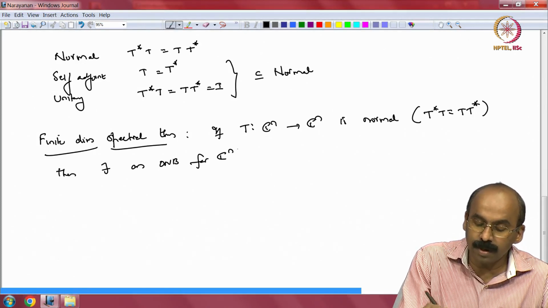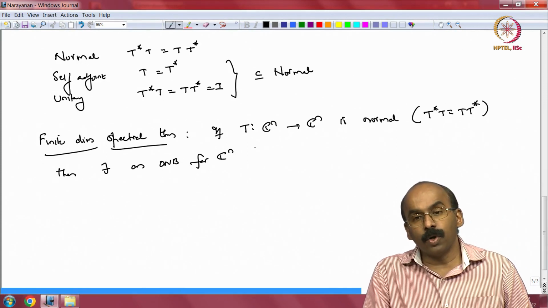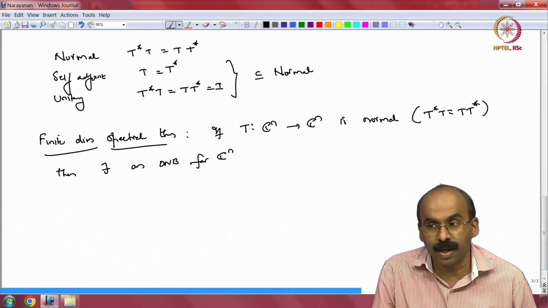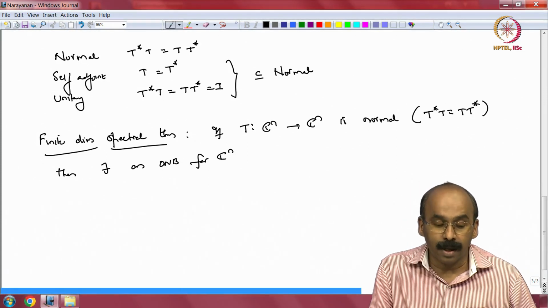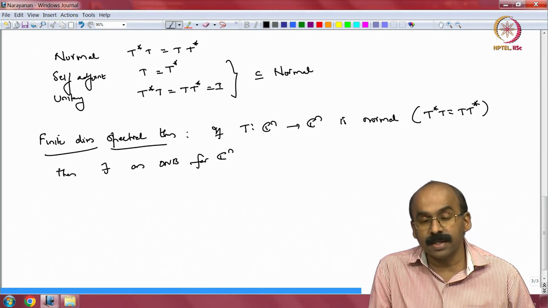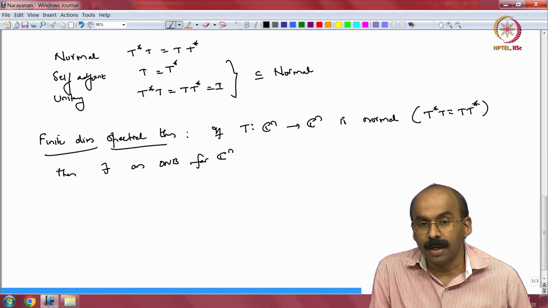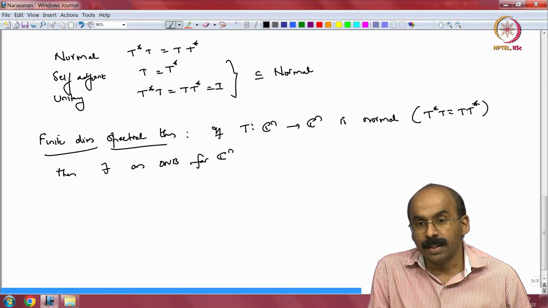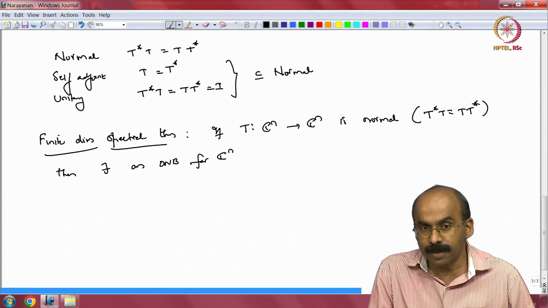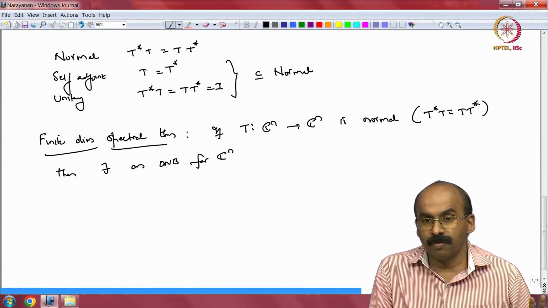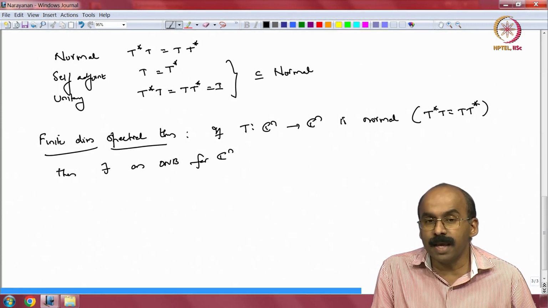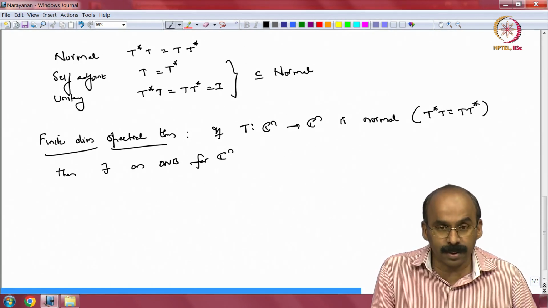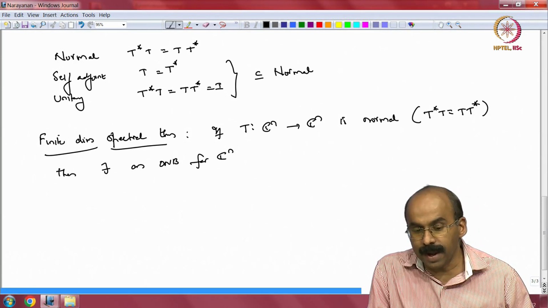So, remember we started with a standard orthonormal basis, E1, E2, En for Cn, and what we are saying is once we have a normal linear transformation, then there is a particular orthonormal basis for Cn with respect to which T acts diagonally. So, the matrix form of T will look like a diagonal matrix.